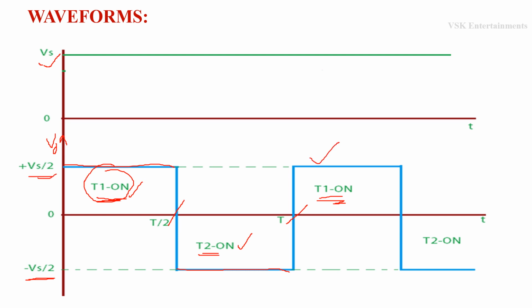Similarly, at the next interval we turn off thyristor T1 and apply the gating pulse to thyristor T2, so we get minus Vs by 2 as the output voltage. These are the waveforms related to the hybrid inverter. By using these waveforms, we obtain the average output voltage and RMS output voltage, that is, the characteristic parameters.